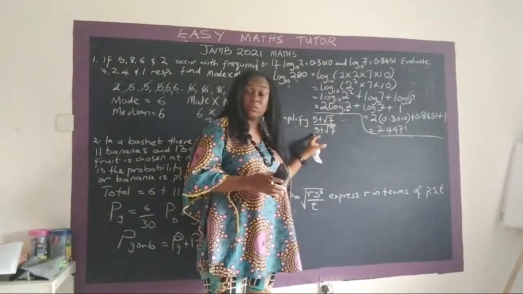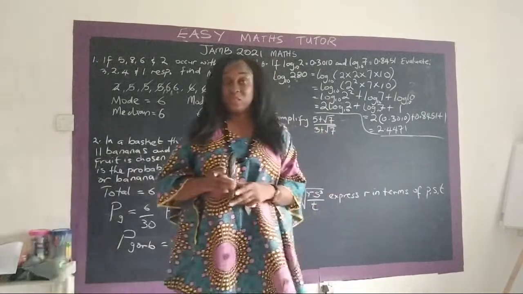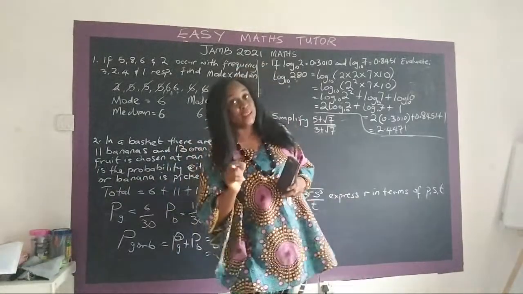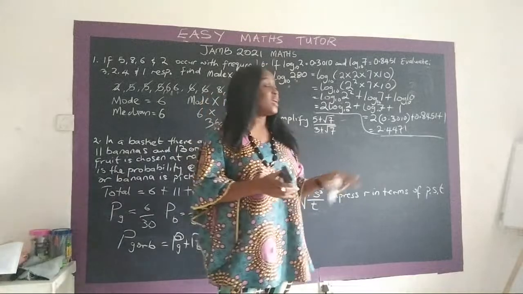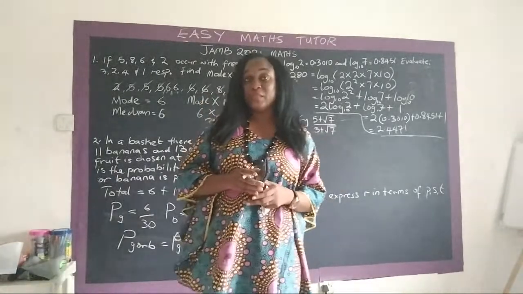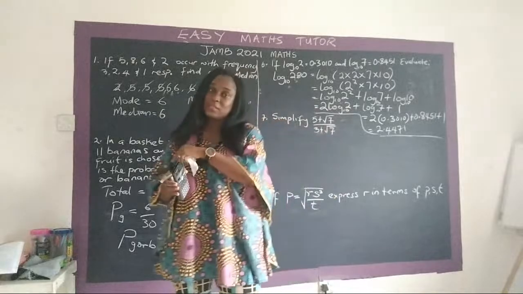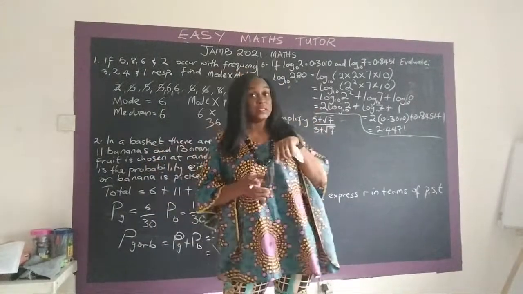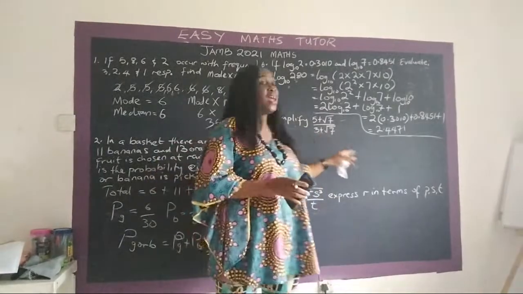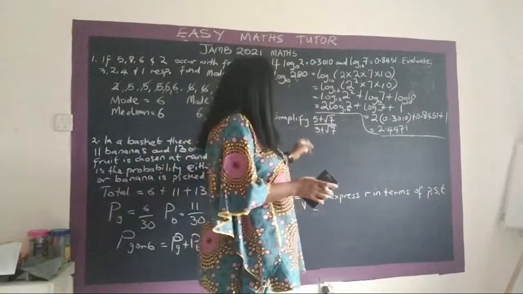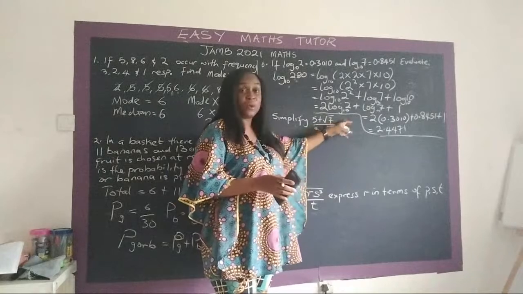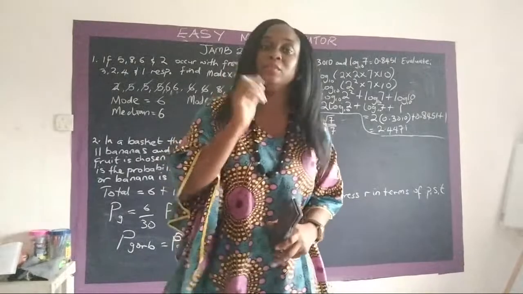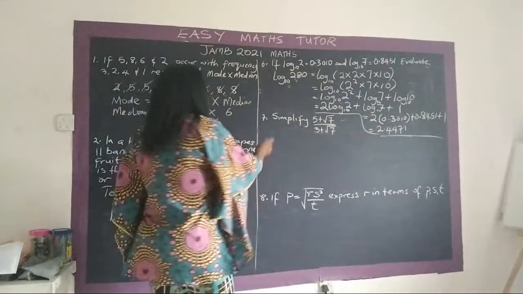Now this surd, 3 plus root 7, has a conjugate which is 3 minus root 7. The conjugate of 5 plus root 7 is 5 minus root 7. So rationalizing the denominator means multiplying both the numerator and the denominator by the conjugate of the denominator.